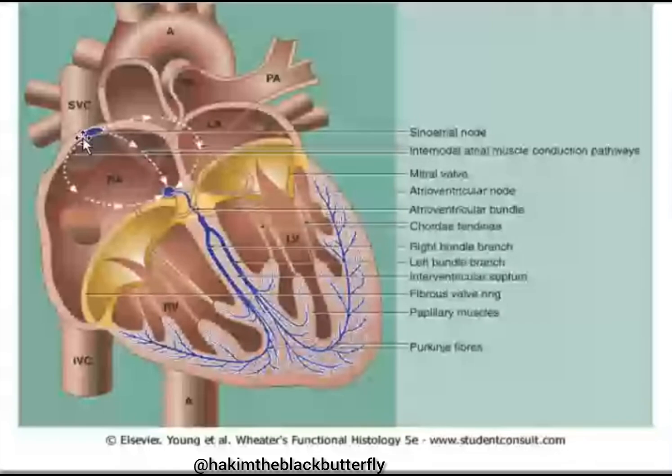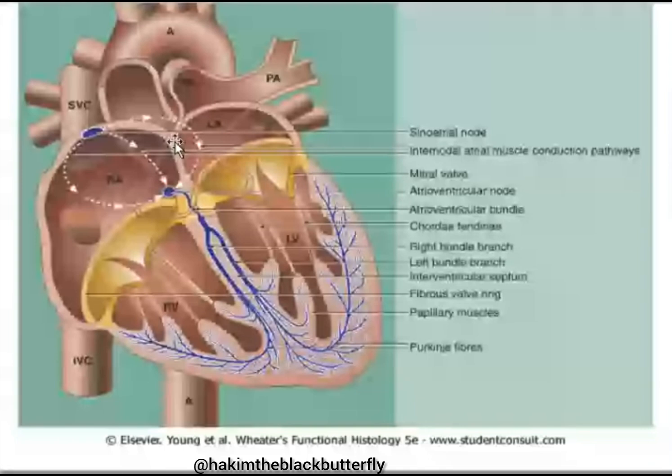So the depolarization waves originate from the sinoatrial node at the junction between the superior vena cava and the right atrium. Now, I want you to appreciate that these depolarization waves first move through the atria, both the right and the left.